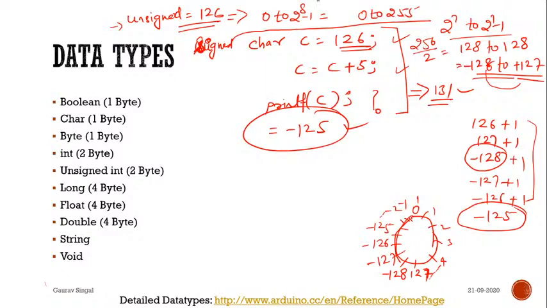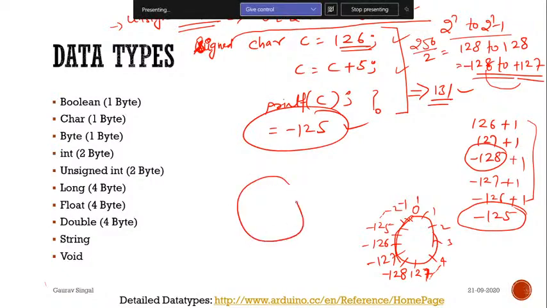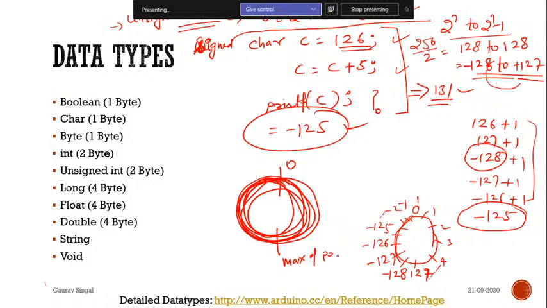Be careful, it starts revolving around this range. It cannot go outside. So you start from 0 till the maximum positive number, then start from the minimum number, and then again back in a similar way. So this is the formula.